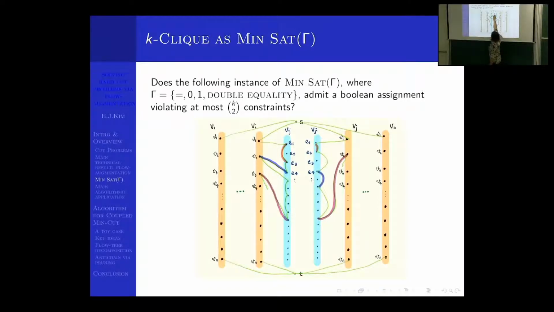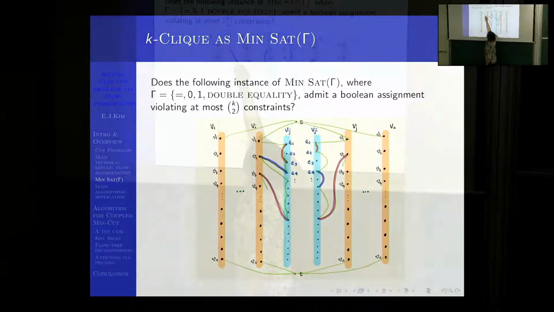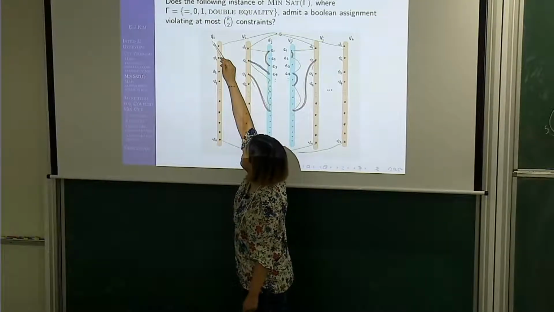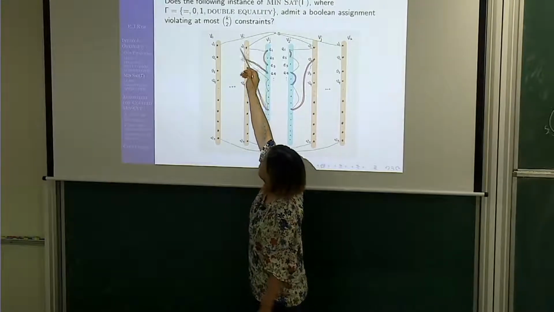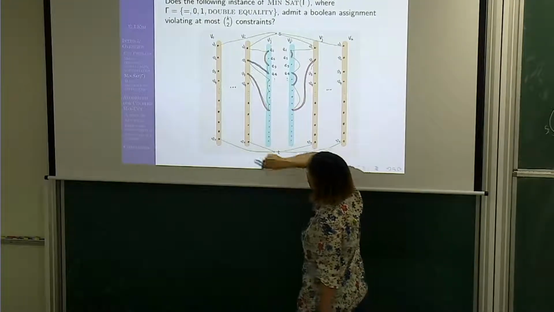I add a source and a sink, and I make copies of V1 up to Vk. This V1 and that V1 are different vertices, because one belongs to capital V1 and the other to capital Vi.